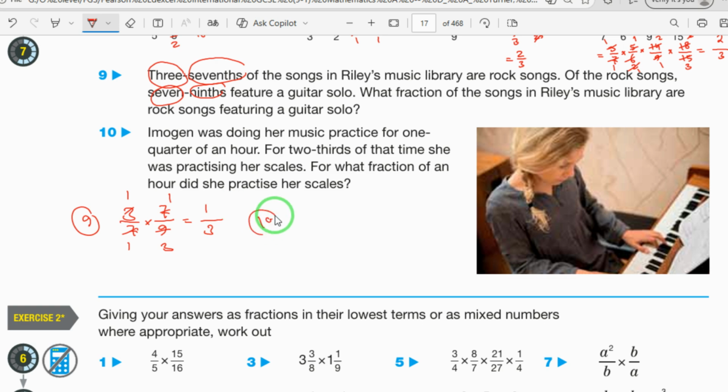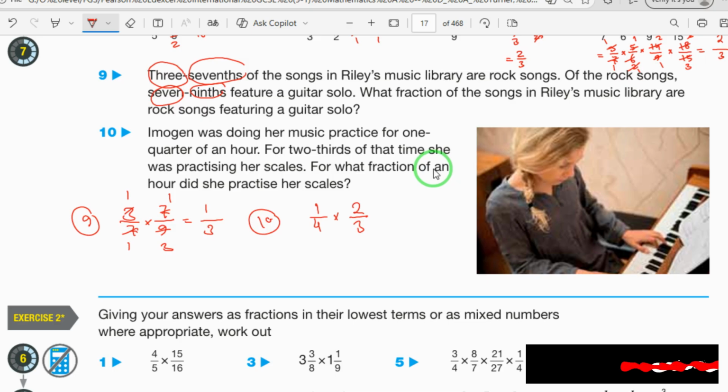In question number 10 we have Imogen was doing her music practice for 1/4 of 1 hour. So here Imogen was doing practice for 1/4, that means 1/4 hour. For 2/3 we multiply by 2/3. 2/3 of that time she was practicing her skills.